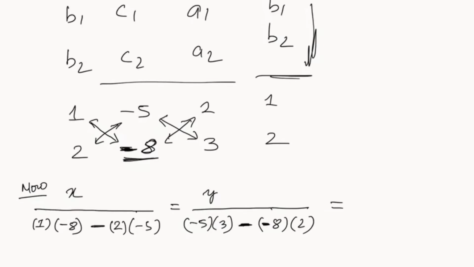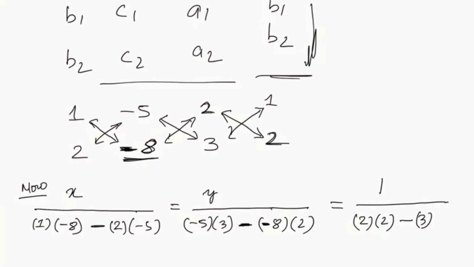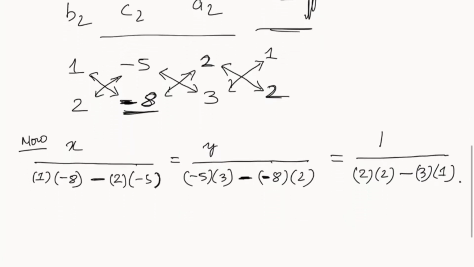Equals 1. In the denominator we have this 2 times 2, minus this 3 times 1.